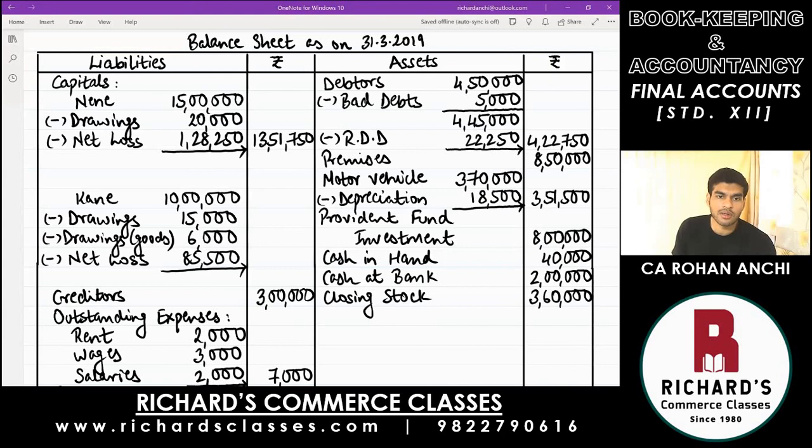Kane in the outer column, the capital. Eight lakh 93,500. 8,93,500.